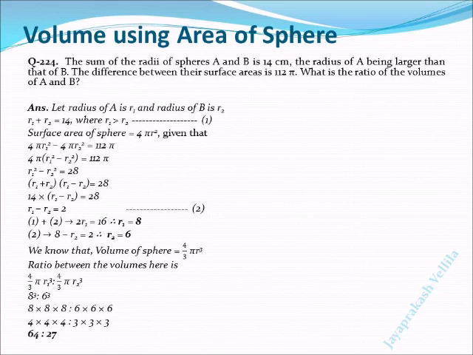r1 square minus r2 square is same as a square minus b square. We know a square minus b square equal to a plus b into a minus b. So, r1 square minus r2 square can be written as r1 plus r2 into r1 minus r2 equal to 28.